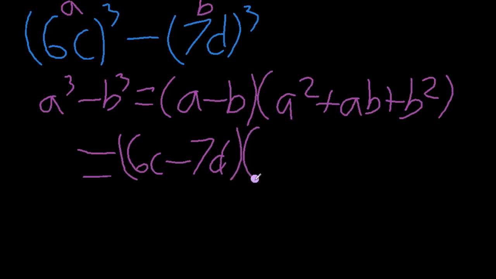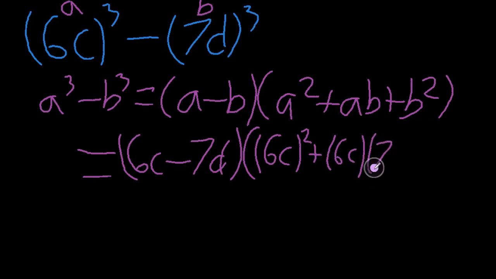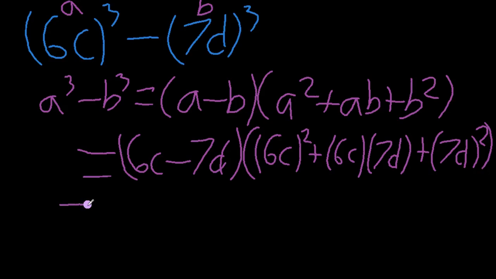Parentheses, a squared is, now for this problem, make sure you include parentheses when you're squaring things to make sure you square both terms. So it's going to be 6c squared plus ab. So I'll write 6c and then 7d plus b squared is 7d. So 7d quantity squared. That is equal to this binomial.